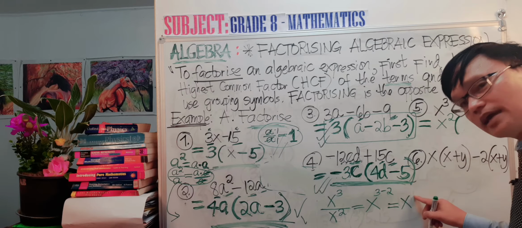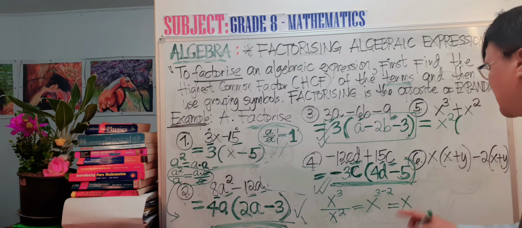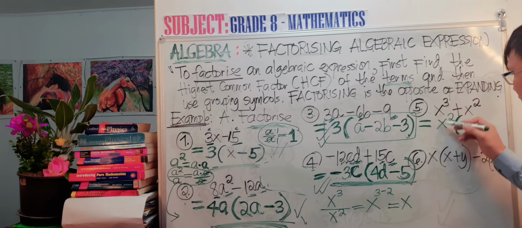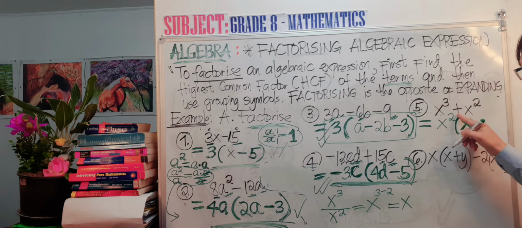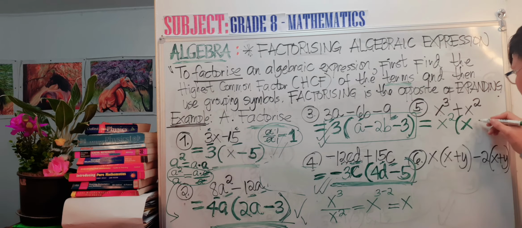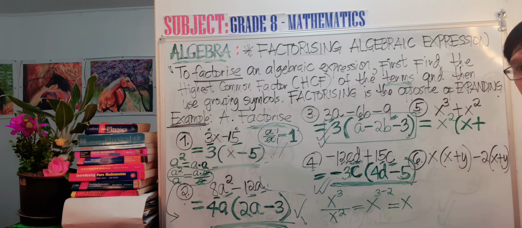So that is x. So now x to the power of 3 divided by x squared is x. Okay? And then positive divided by positive equals positive. Okay? That's the one, positive.